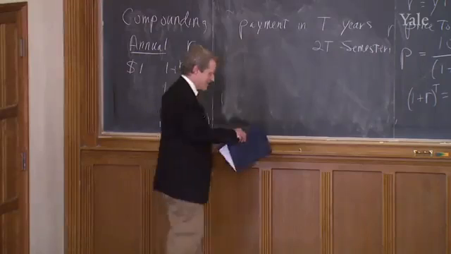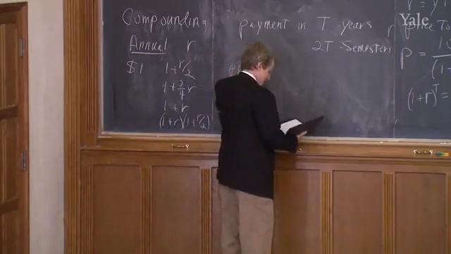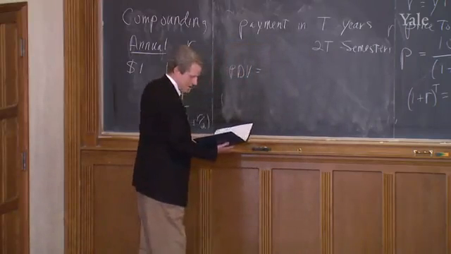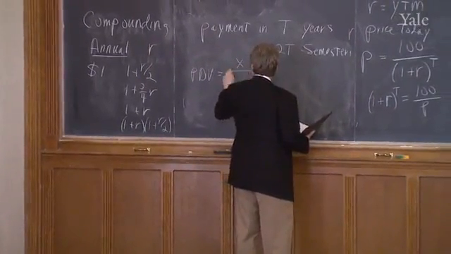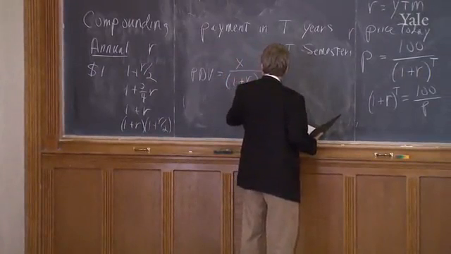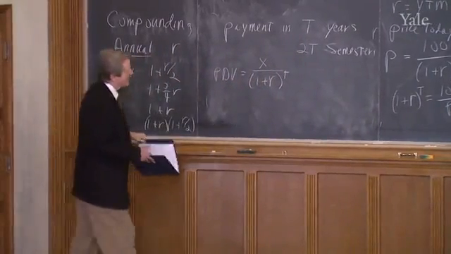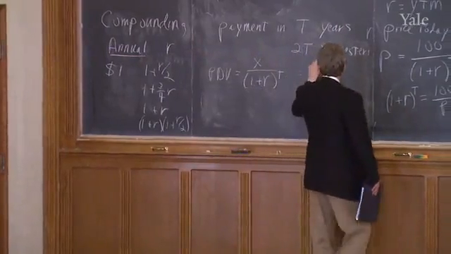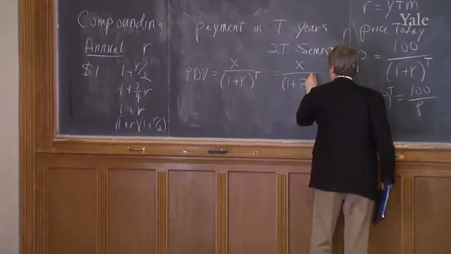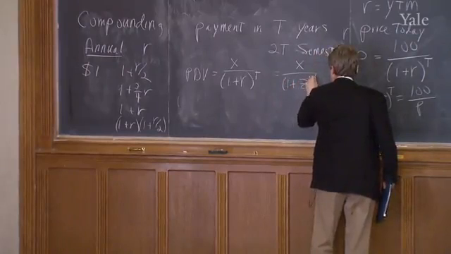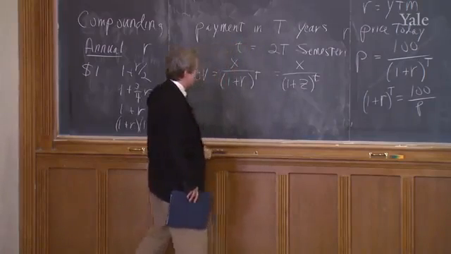Let's talk about annual compounding. The present discounted value of a payment in T years is just the amount, X dollars, divided by 1 plus R to the T. Or if you're compounding every 6 months, it would be X all over 1 plus Z to the lowercase t, where lowercase t equals 2T.